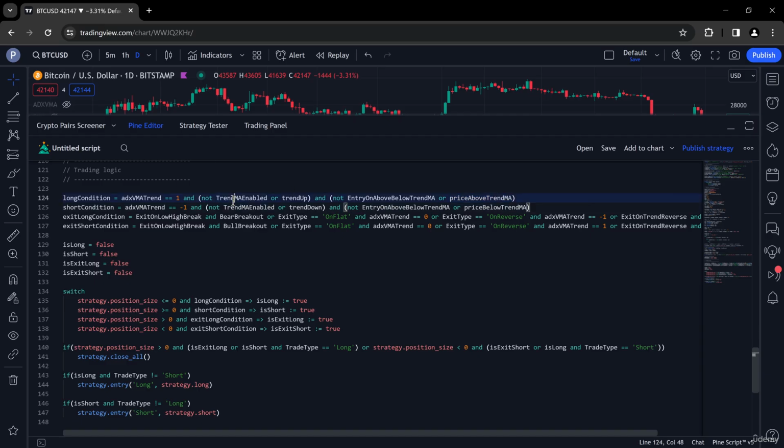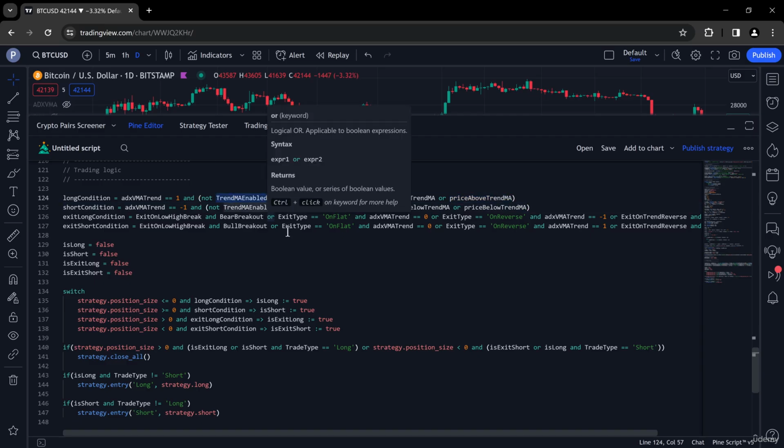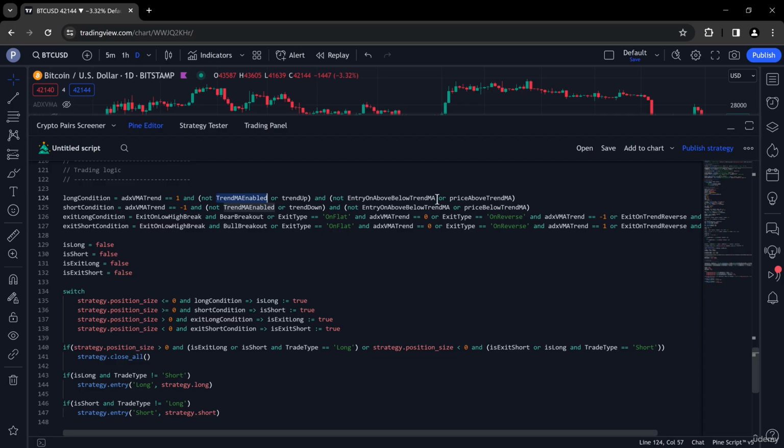Let's say, for example, trend MA enabled is false, and the entry on above and below trend MA is false too, then these entire sections will be true, and then long condition logic will depend only on the ADX VMA trend variable, right? So this is how we calculate long condition of our trading strategy.